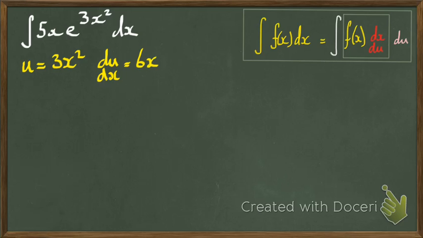Now I invert du dx to become dx du, and that becomes 1 over 6x. I now have the dx du, and I've also got the f of x, because that's what this is here.